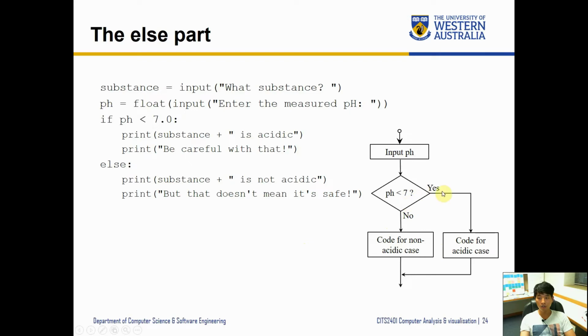So yes, that means we execute the code for if, but no, we execute the code for the non-acidic case. This condition has failed, so I'm moving into this block, and that can be represented as a flow diagram on this side.